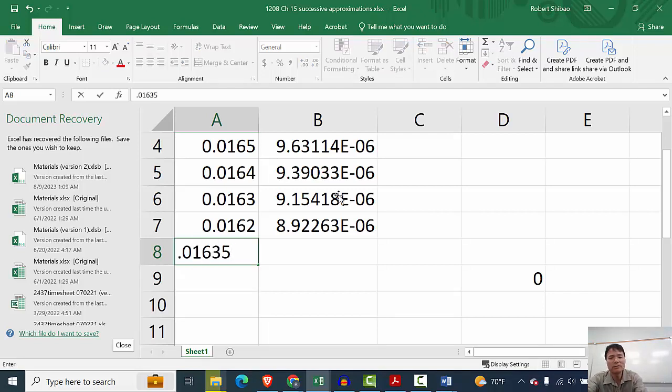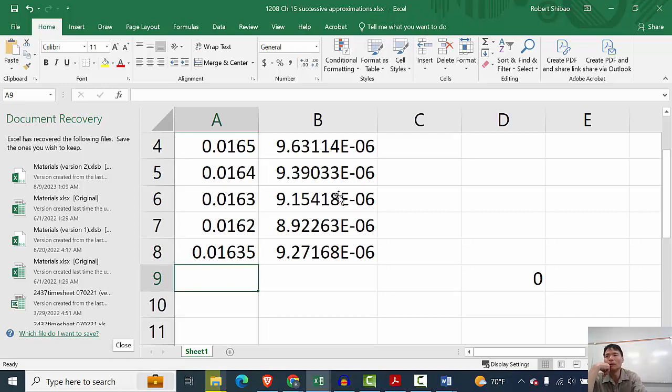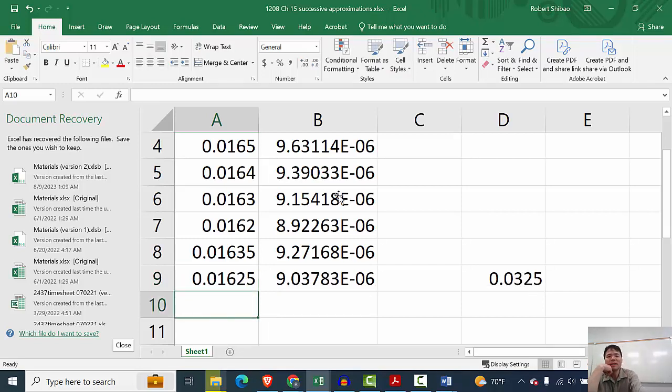Okay, if I go to 1635, am I getting warmer or colder? Colder. I probably want to go to 162.5. Yeah, let's try 162.5. I'm a little bit too small, so where should I go next? 1629. Okay, let's try that.